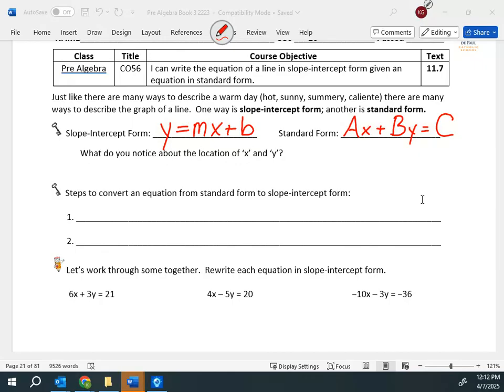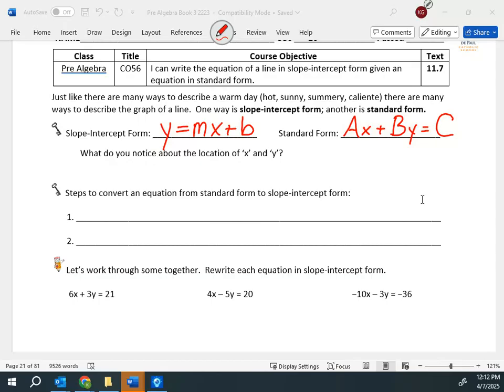So what do you notice about the location of the x and the y between the slope-intercept and the standard form? They both have x's and y's in it, but what's different? So look at our two forms. What do we notice?